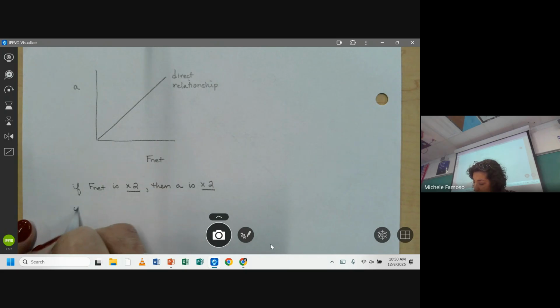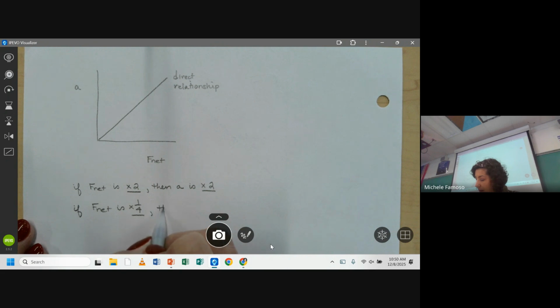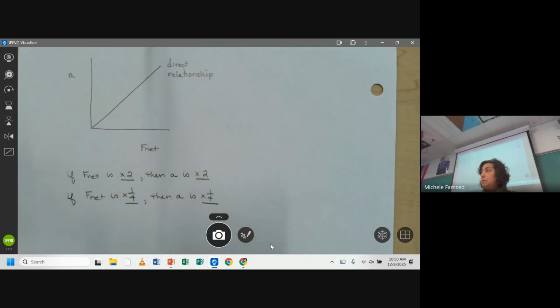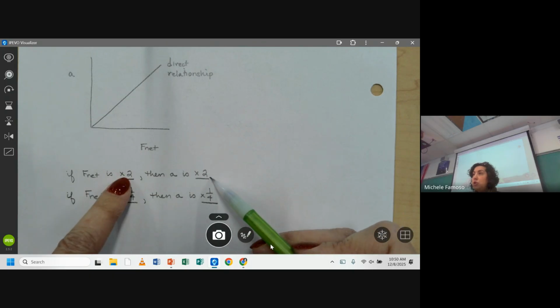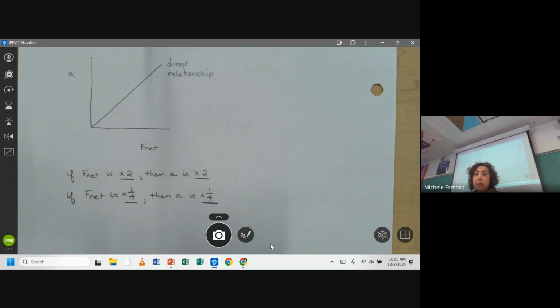It means, therefore, if the net force is quartered, which means it's multiplied by a fourth, then the acceleration will also be multiplied by a fourth. That's what we mean by direct relationship. Whatever you do to one variable, you do to the other. Exactly the same.